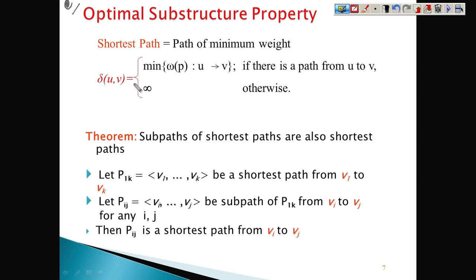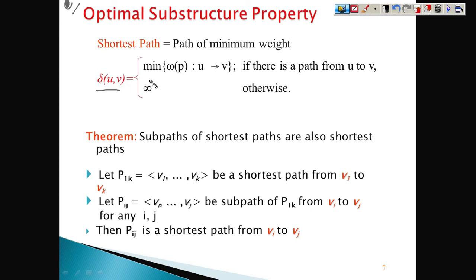The other important property is the optimal substructure property, which is again very important in finding the shortest path, and this is also very much used in dynamic programming. Now what the property says here: we are defining the shortest path, the minimum path delta UV, by this relationship.